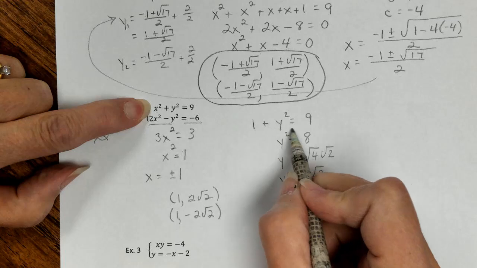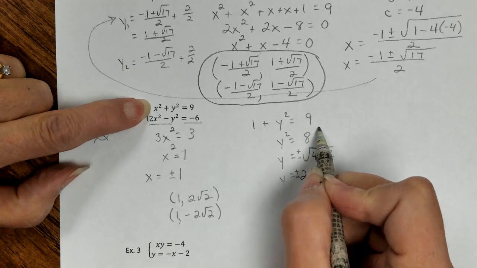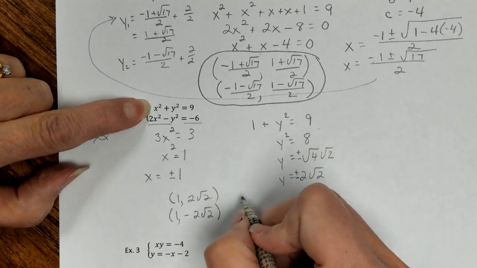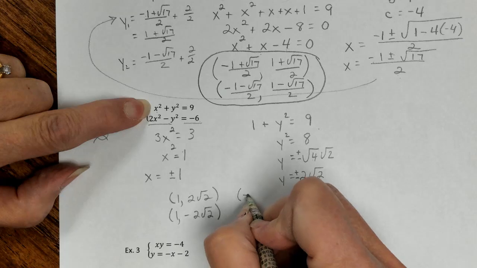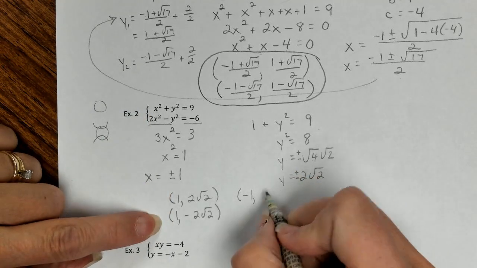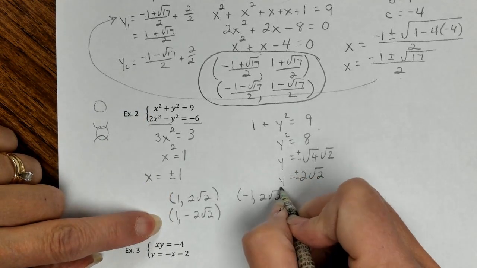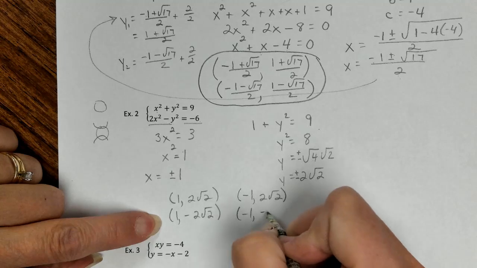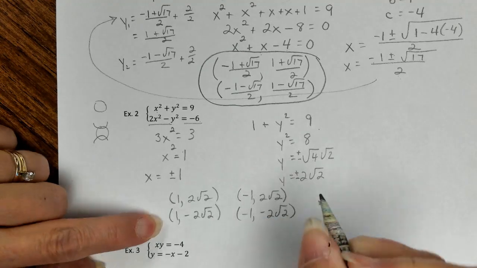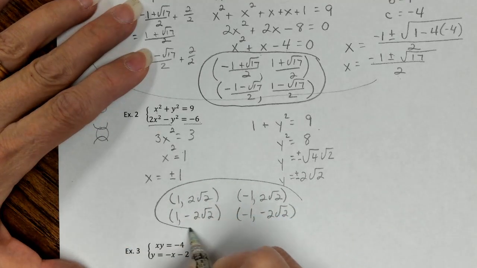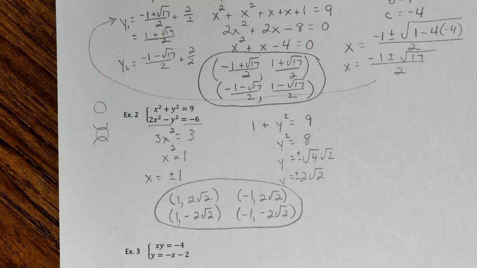So it's going to turn out exactly like this. So when x is -1, we're getting the same y's: 2 root 2 or -2 root 2. All 4 points are points of intersection for the graphs of those two equations. Okay, 4 answers to that one.